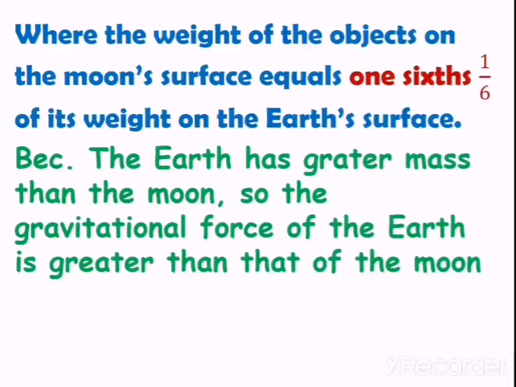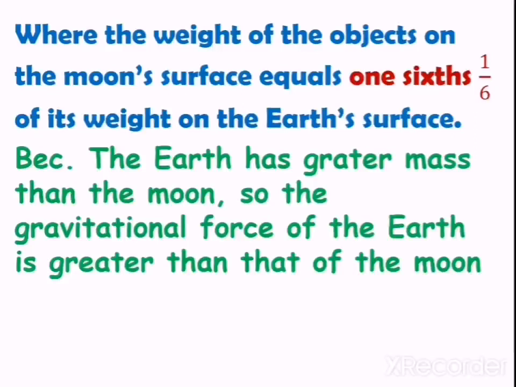So the weight of the object on the moon's surface equals 1/6 of its weight on the earth's surface. The weight on the moon equals 1/6 the weight on the earth. Why? Because the earth has greater mass than the moon.